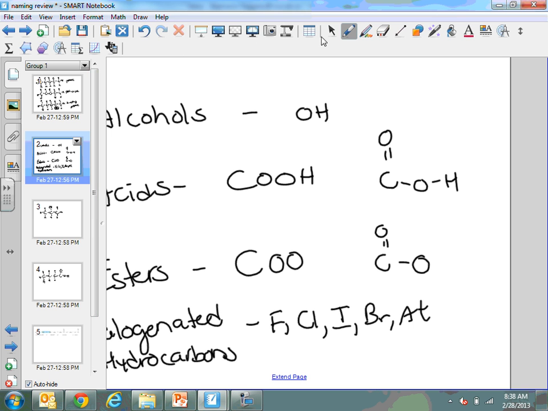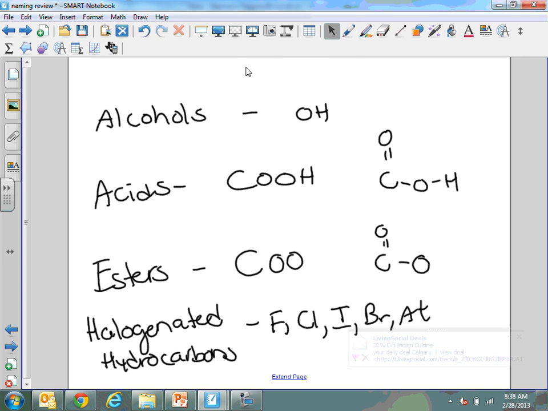When we get into compounds that do not contain only hydrogen and carbon, like alcohols, acids, and esters, and halogenated hydrocarbons, this means that they have additional types of atoms other than C and H. So alcohols are easy to identify. They always have an OH group.